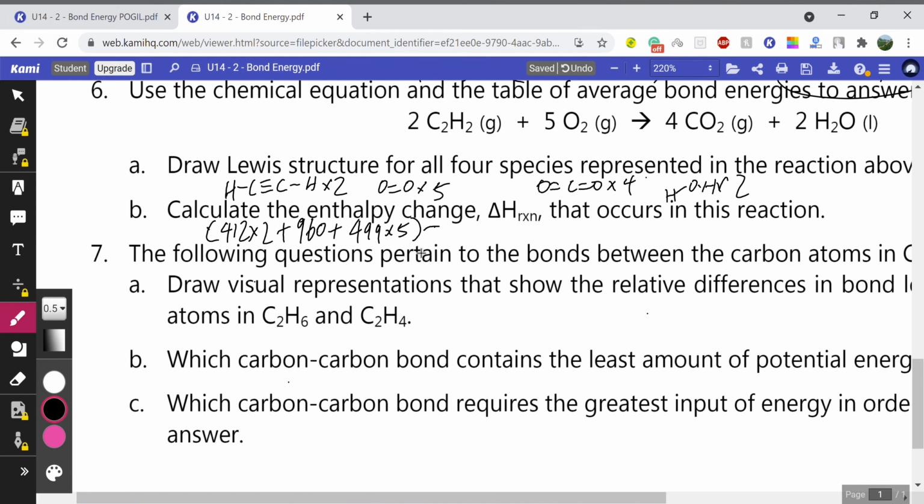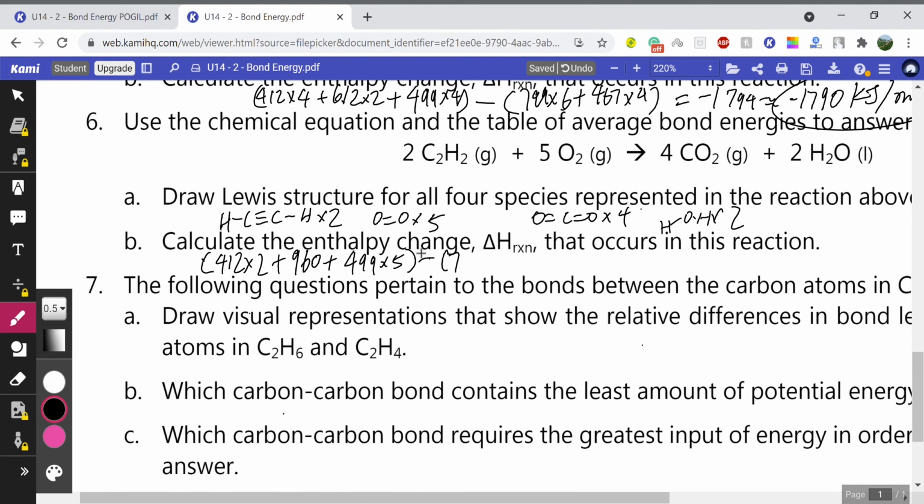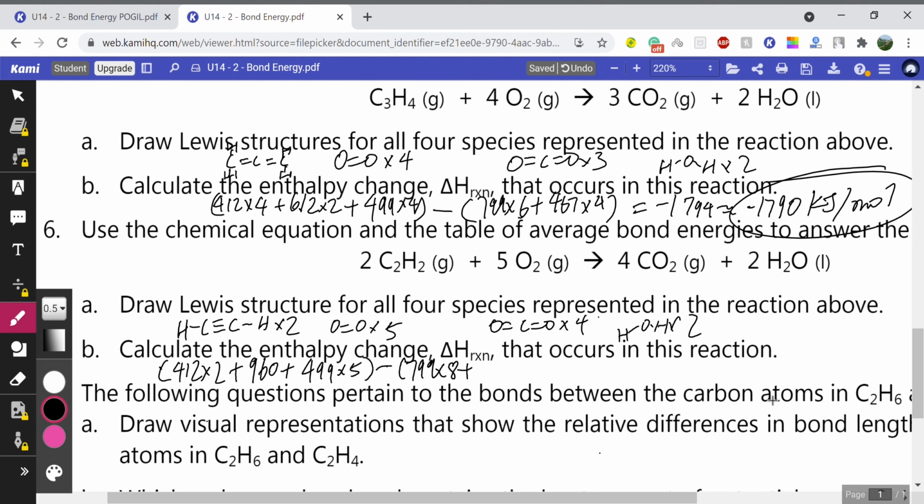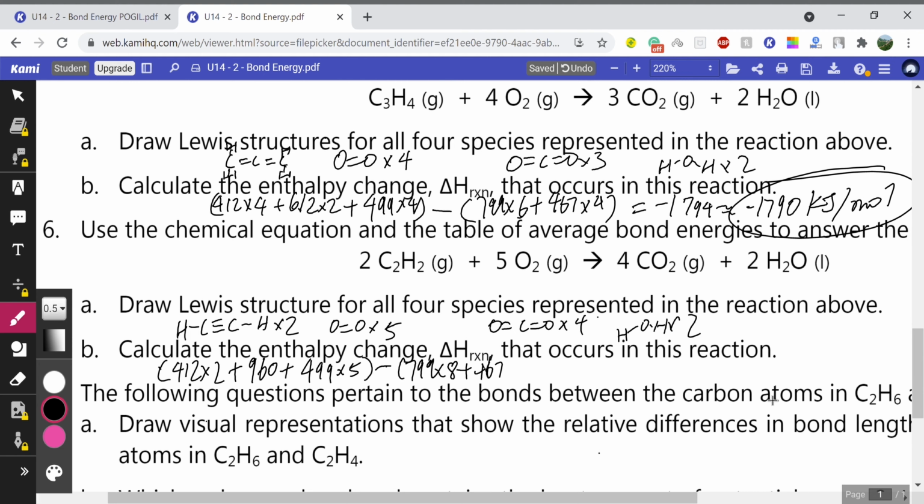Actually, I think it'll be times 8 because there's 2 in each of them. Yep. 799 times 8 plus O single H, which is 467 times 4. So let's see. 412 times 2 plus 960 plus 499 times 5 minus 799 times 8 plus 467 times 4.